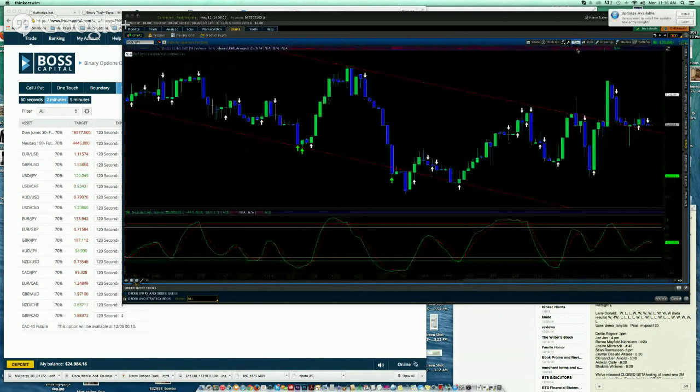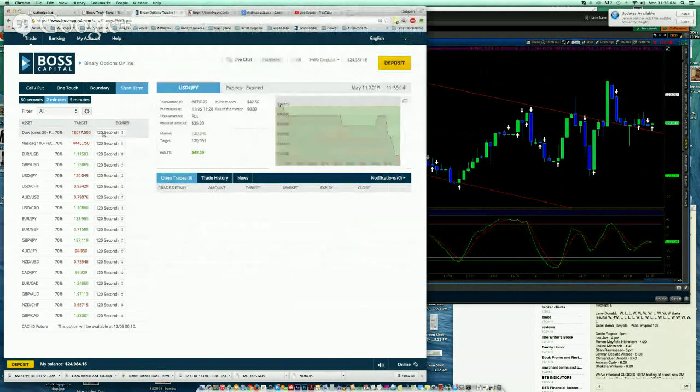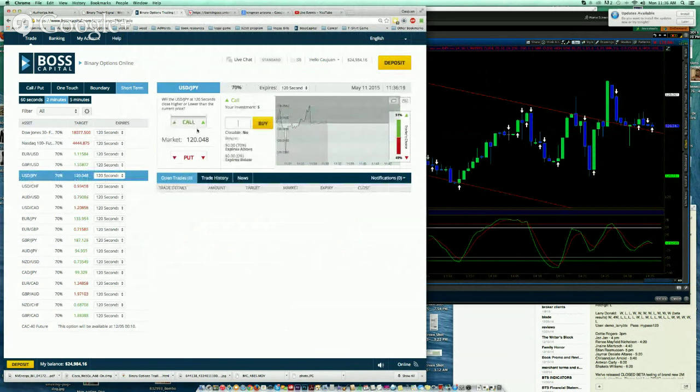Go back to the 1 minute. Set up. Remember I told you, see, there it goes. Set up for the USD JPY, set up for the call for 2 minutes, and then take it.